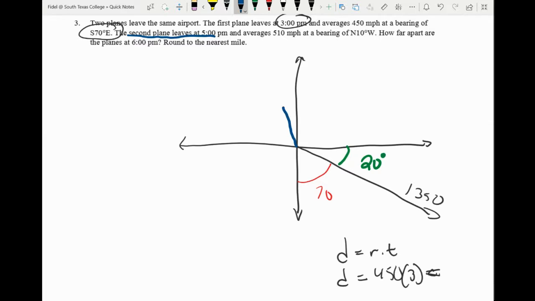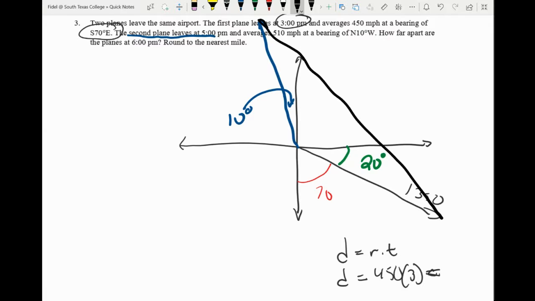So this plane takes off and it starts to do something like this, right? Y'all agree that the 10 degrees is that angle right there? What we're trying to figure out is how far apart are those planes, how far is it from here to there.